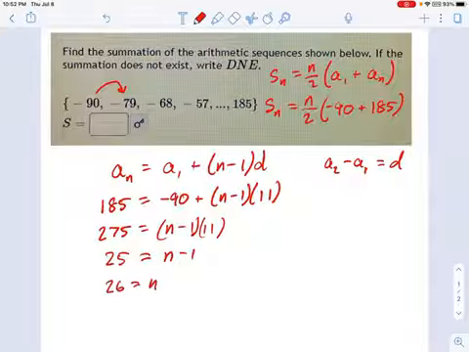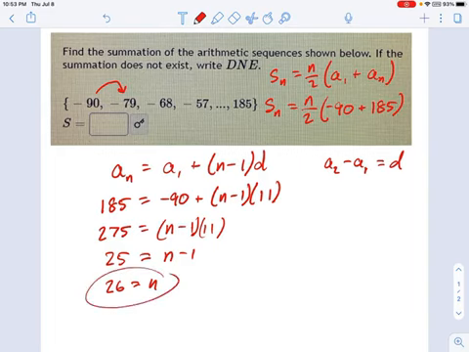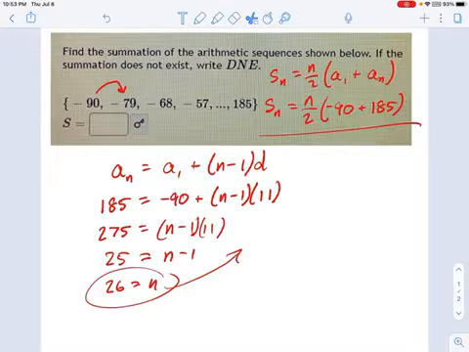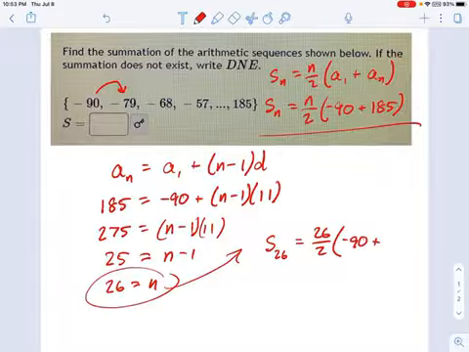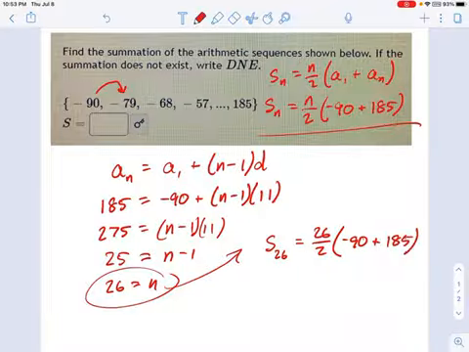Now, if 26 equals n, we take this answer and plug it back into this formula right here. So we're going to take that and bring it down. We're going to say S of 26 terms equals 26 over 2 times, what was that before? Negative 90 plus 185.